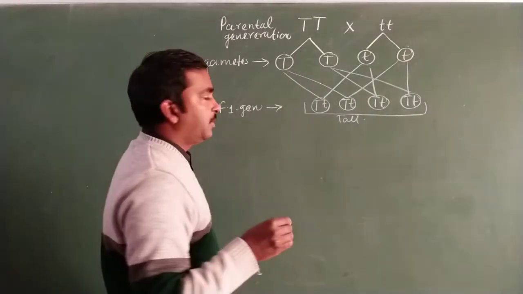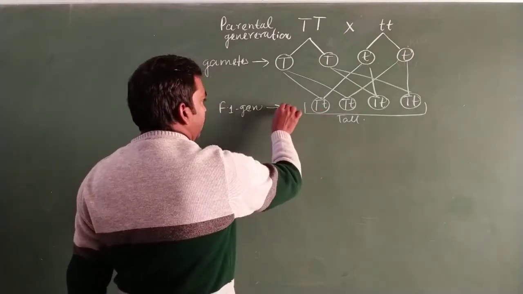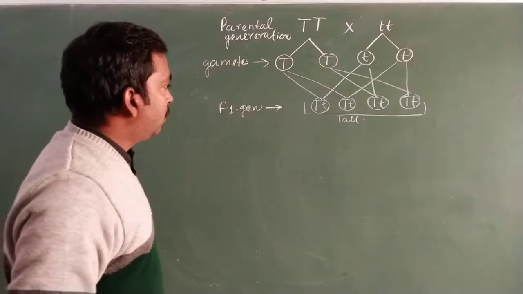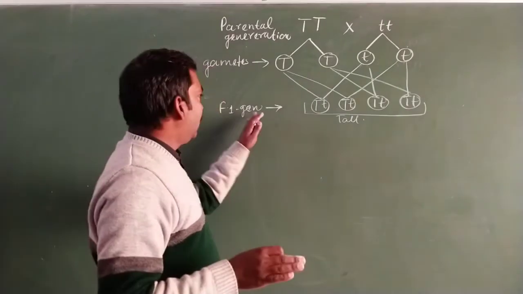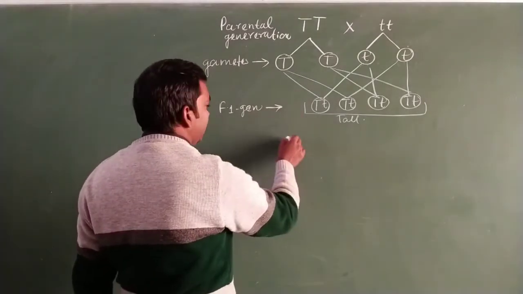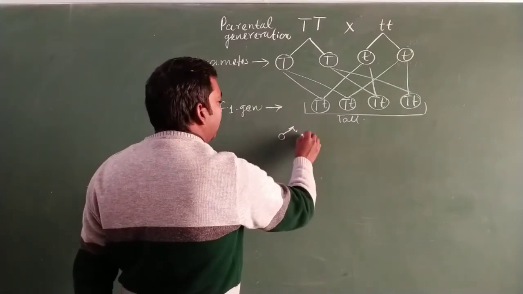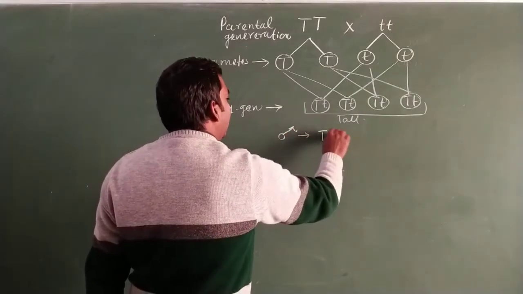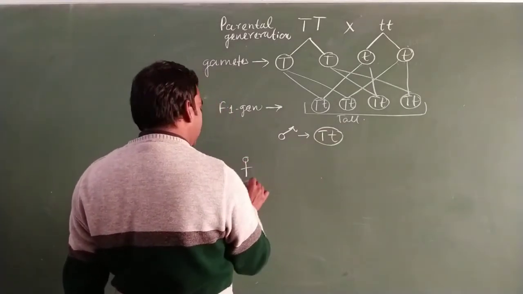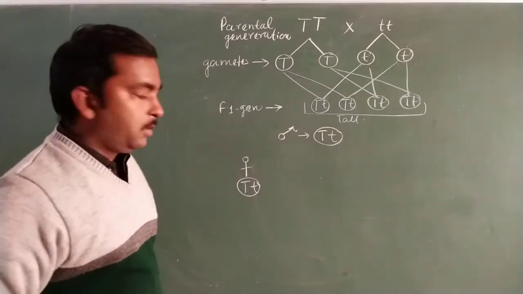So for the F2 generation, they take the parent plants from the F1 generation. It means they take the parent plants as the F1 generation. So for the F1 generation, suppose this is the male, and it has the capital T, small t genes, and in the female there is also capital T, small t.